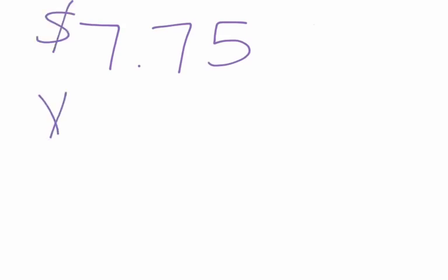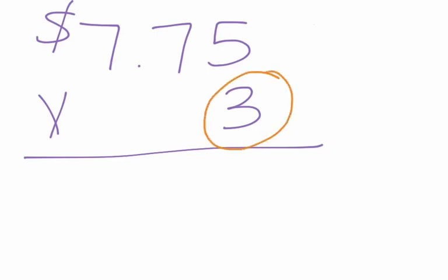So, example 1. Sergio bought 3 tickets to the movies for $7.75 each. So we have $7.75 times 3. So let's go to the basics. We know that every number has to be multiplied by this number 3 right here. But something that is so important when we are multiplying is remembering place value. If you can remember back in the beginning of the year, we talked about place value.